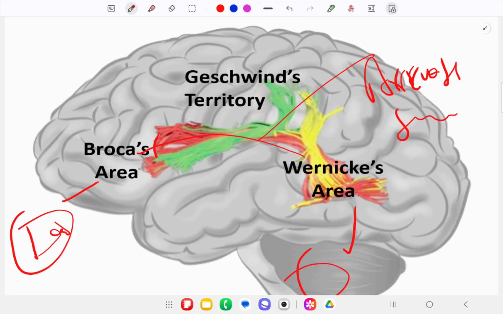The arcuate fasciculus connects these two areas, and Wernicke's area is surrounded by the area known as Geschwind's territory.